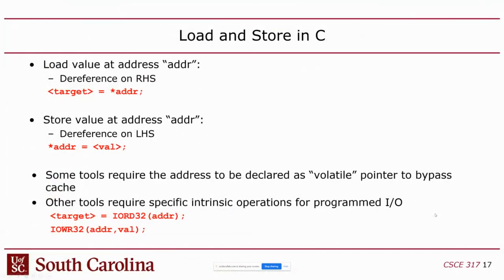So the dereference is the asterisk, which is also confusing because that's the same operator as multiply. I don't know why they did it that way, but basically, if you have a variable that has an address, also called a pointer in C, and you stick a star to the left of it, and you use it as an expression as opposed to a target of an assignment, which is what I'm calling RHS, right-hand side, that will cause the compiler to generate a load instruction.